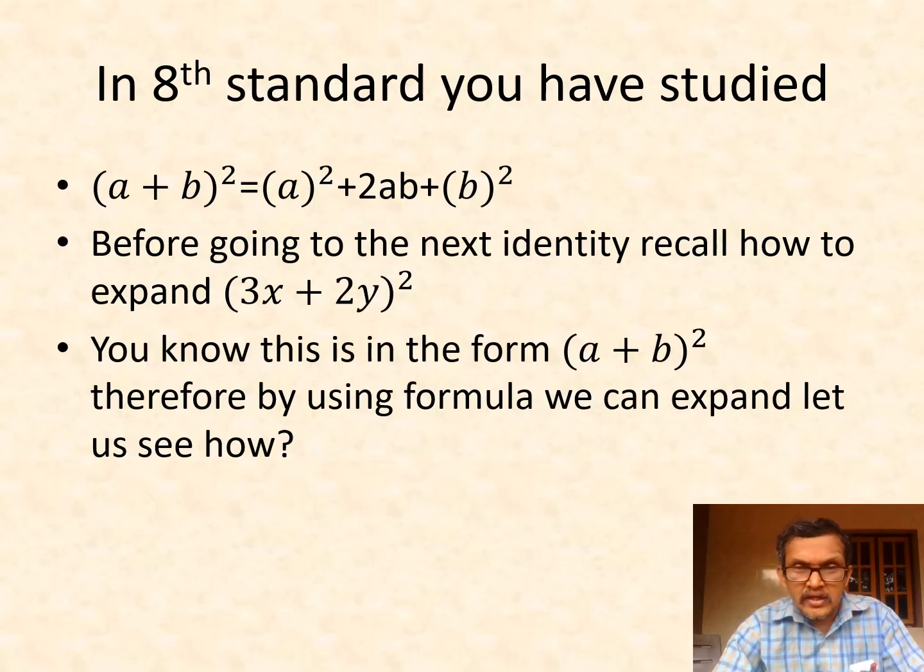So once again recall, you have studied a plus b whole square equal to a square plus 2ab plus b square. Before going to the next identity, recall how to expand 3x plus 2y whole square. You know that this is in the form of a plus b whole square, isn't it?